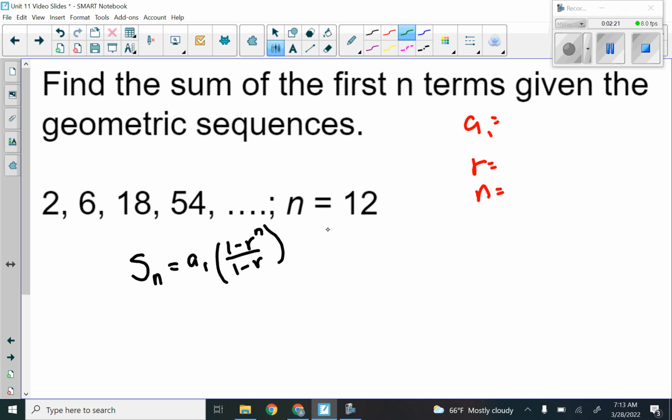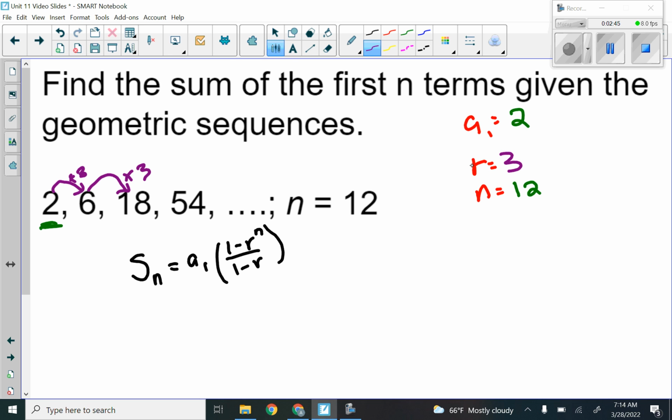So we're told n is 12. Our first term is 2. And now we just need to find our ratio. To get from 2 to 6, we're multiplying by 3. Same for 6 to 18, and so on. So r is 3.